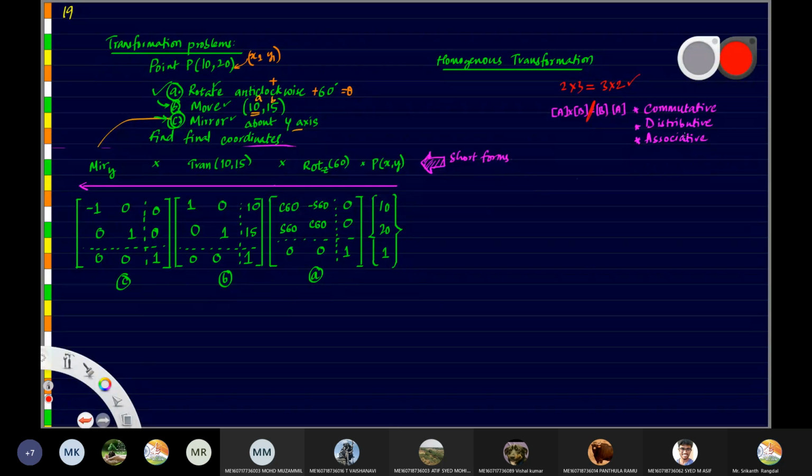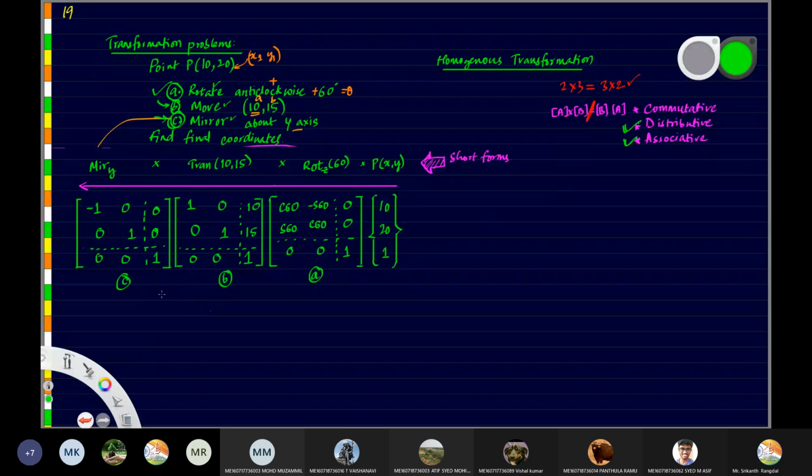What about the distributive property? Can we apply distributive and associative properties in matrices? Yes, we can apply them.